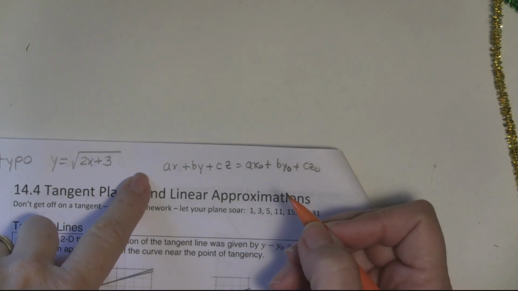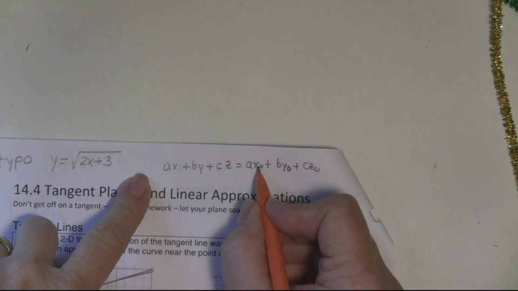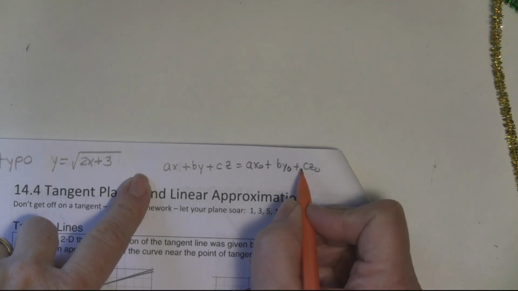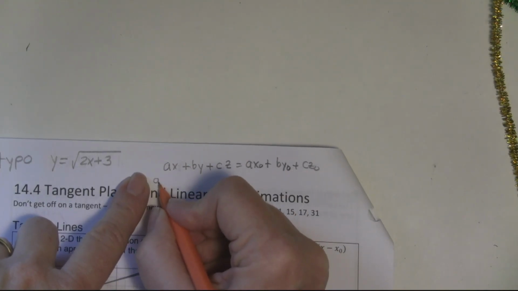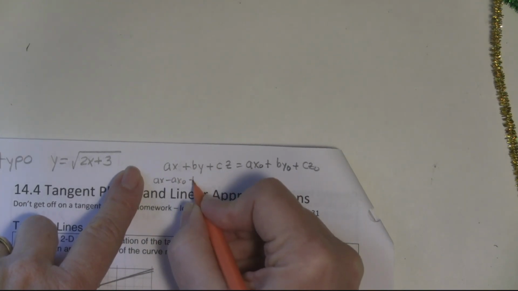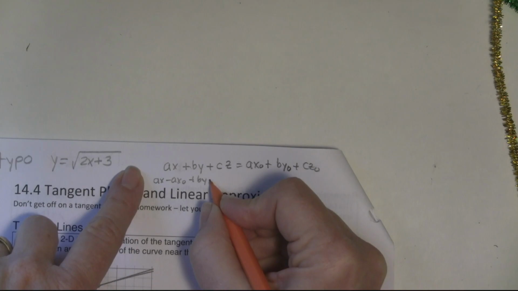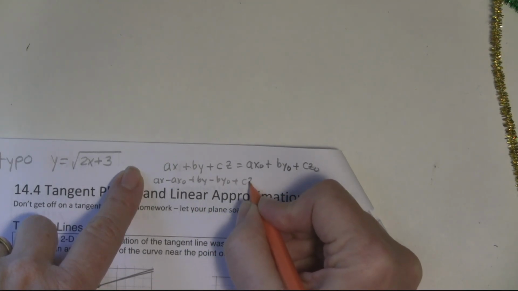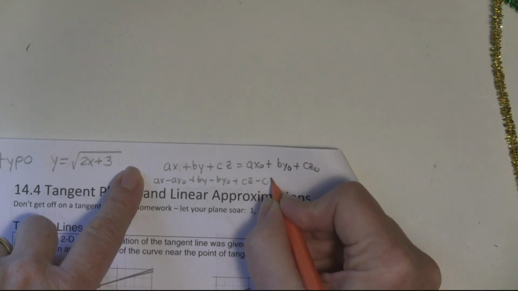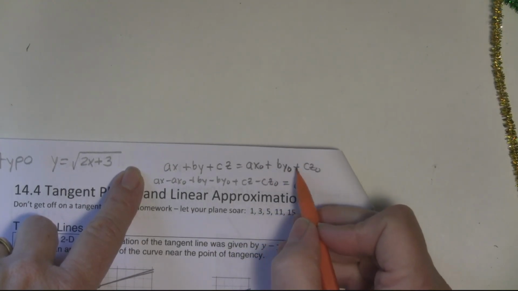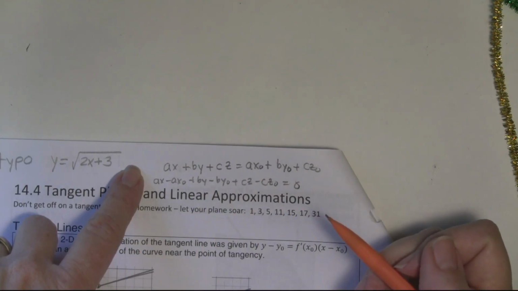Now, you could take this equation builder and subtract the ax naught, the by naught, and the cz naught to the other side. If I do that, I get 0.